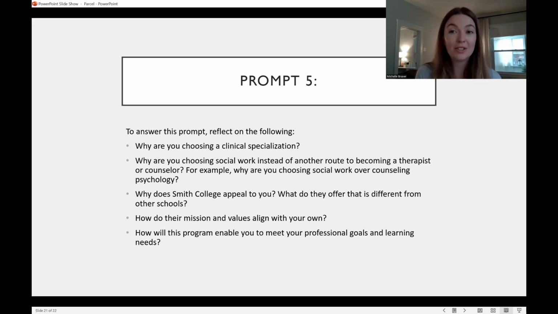I think that no matter what school you are applying to, it's very important to really reflect on why you are choosing their school out of hundreds of others. I think that this shows that you really did your research and that you're very passionate about the school that you are applying to. And it also shows them that you are an amazing fit for the program, and this is why. So this is an important question to answer.